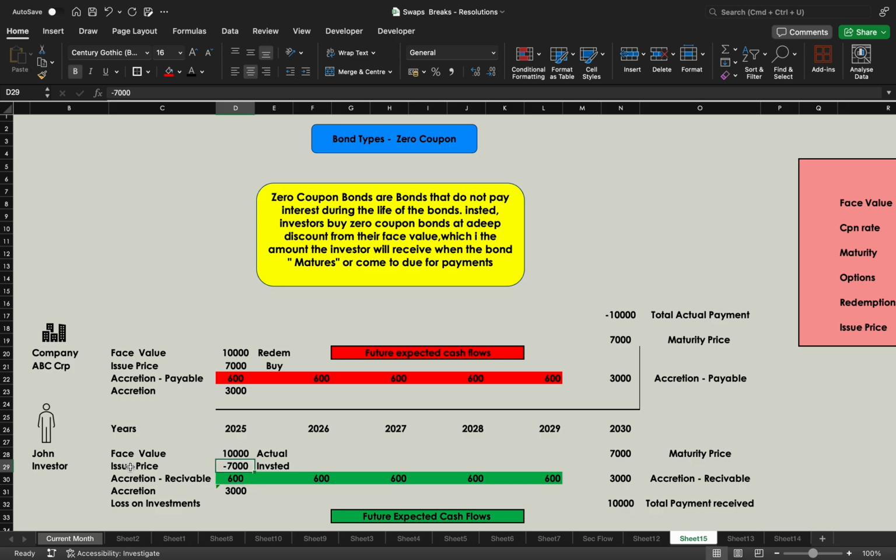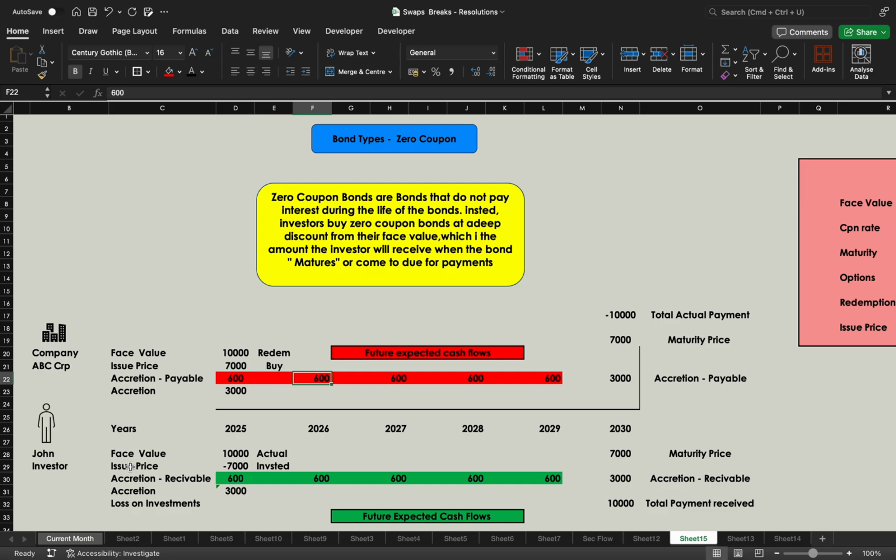For accounting purposes, every year the company will record a liability of 600. Why 600 as a liability? Even though it is a discount, the company has to pay that discount to the investor at the end of maturity, correct? And that's what the company will record as a 600 accretion payable in its books.